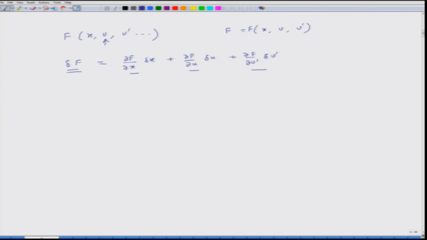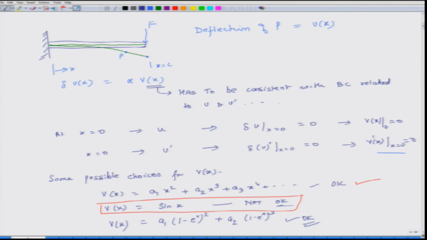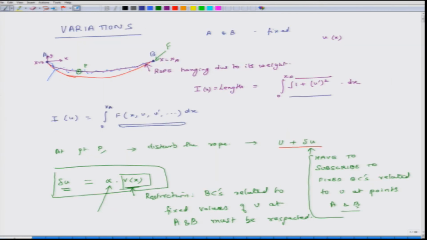But this term is 0, the change in x. Why? Because when we were discussing variations, what did we say? That we are looking at variations at a given point, right.